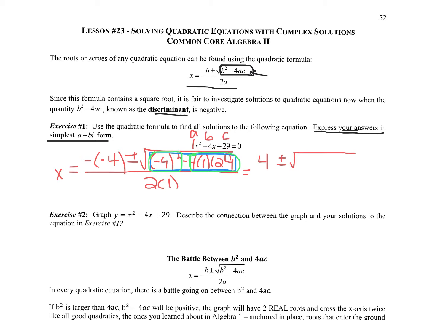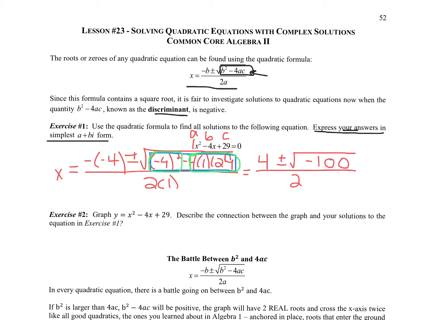So I'm doing 16 minus something bigger than 16, so I know I'm going to get a negative number. And that negative number, the value we get for the discriminant, is negative 100 over 2. So we can keep going now.